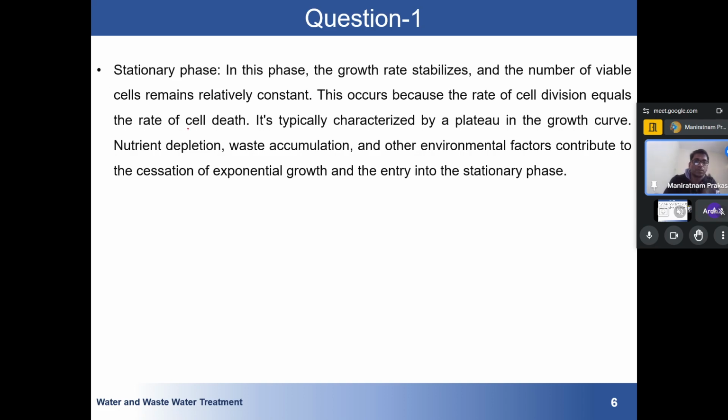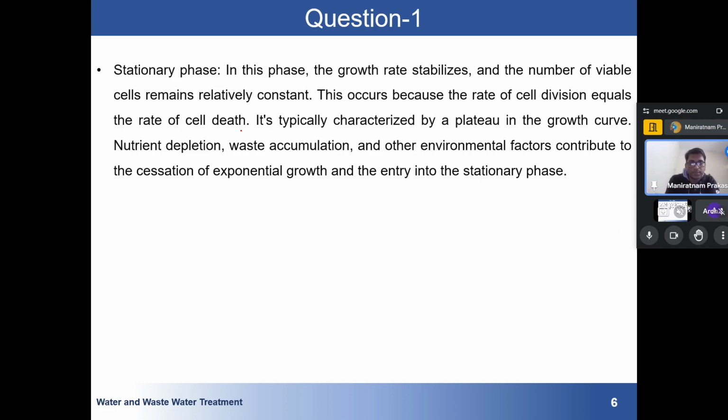What is the reason for this constancy? Because the food available is very limited, as all the food which was there has already been consumed. This occurs because the rate of cell division equals the rate of cell death. Imagine this: the population is very high and food is very limited, so the newly grown cells will consume the available food.